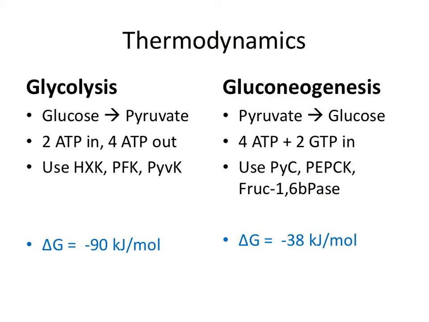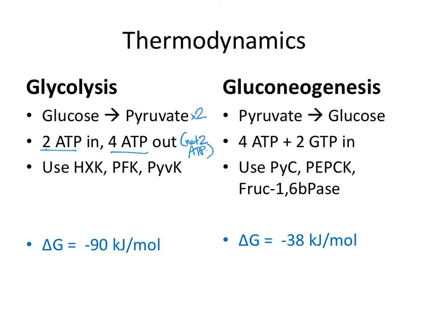Let's compare for a second glycolysis and gluconeogenesis. In glycolysis, we're using glucose to produce 2 molecules of pyruvate. 2 ATPs are invested, and in total, we get 4 ATPs out. That's a net of 2 ATPs.